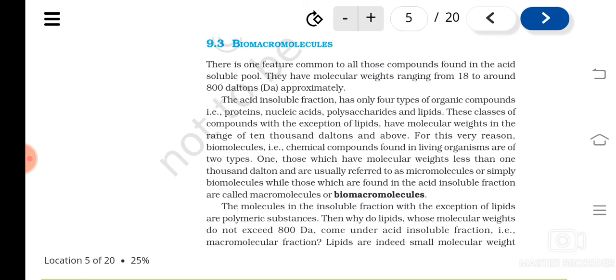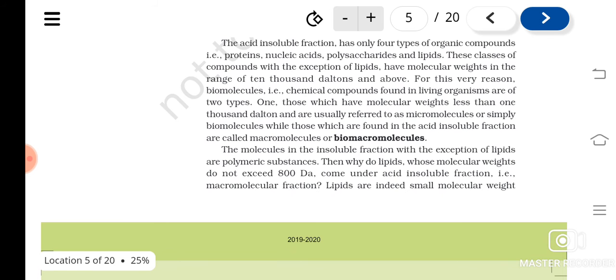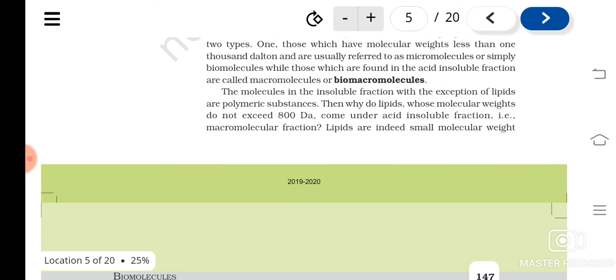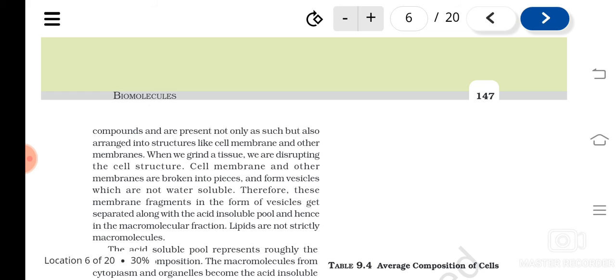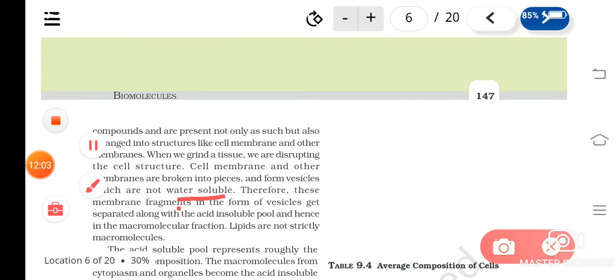The molecular weight of lipids is actually less than 800 Dalton, but still they are seen along with the insoluble fraction, because when lipids are ground they form vesicles, understood, and these vesicles are not soluble in water.